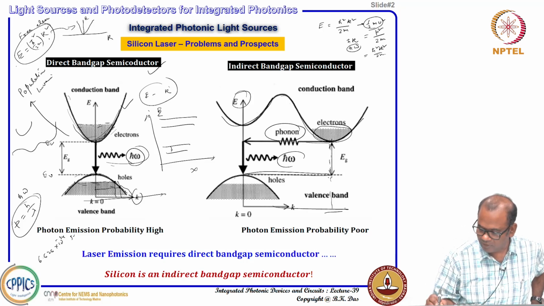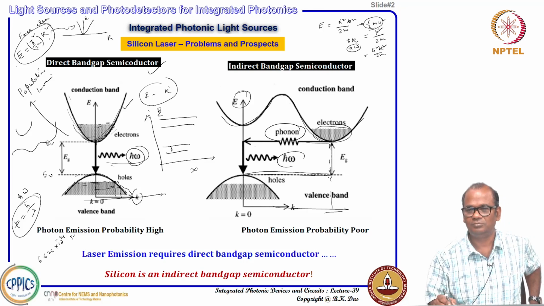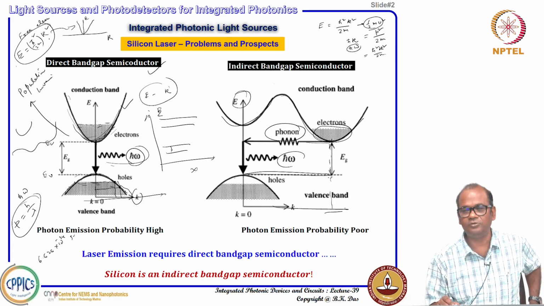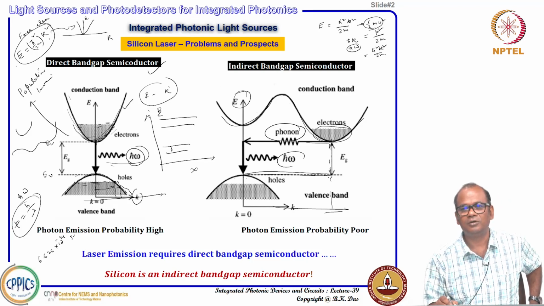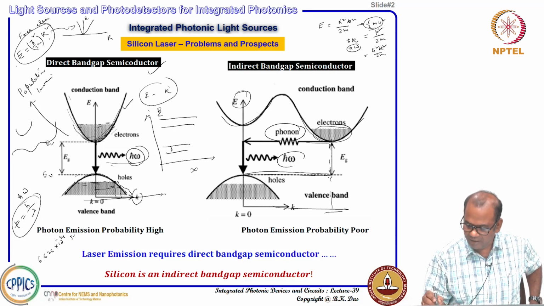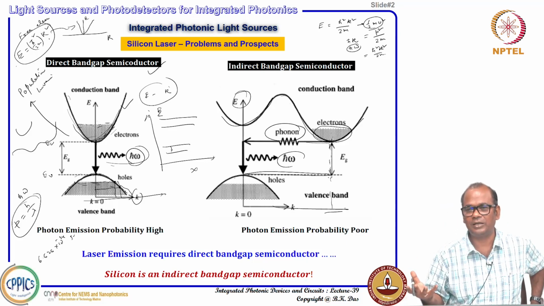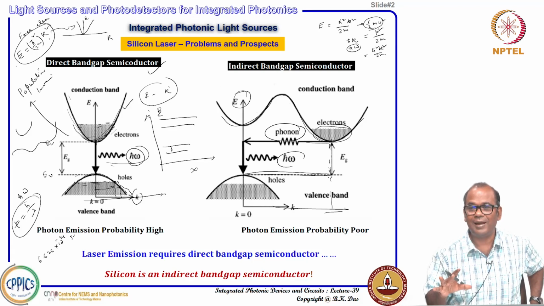So, the electron can lose some momentum to the phonon and then recombine with the holes. It is an indirect way of recombination, and the electron, the hole, the phonon and the photon are all quantum particles. So, all these four quantum particles have to act together.